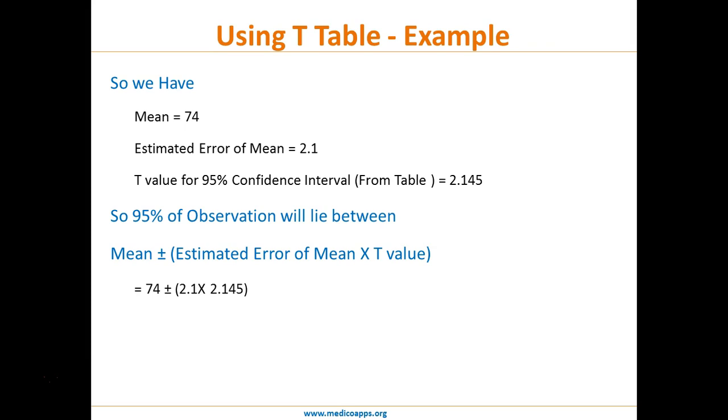So 74 plus minus 2.1 times 2.145, which is 74 plus minus 4.5, that is 69.5 to 78.5. So we have taken a sample of just 15 people, and based on that observation we can say that 95% of the population will have a pulse or heart rate of 69.5 to 78.5. This is how we use inferential statistics.